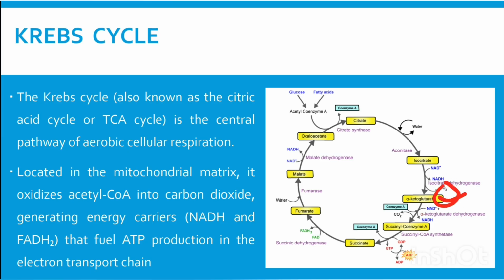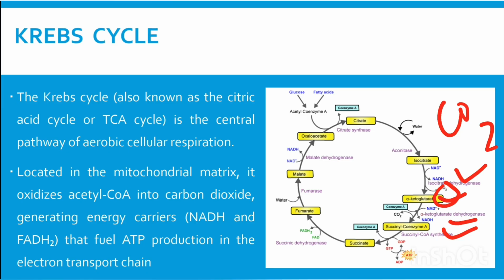One molecule of carbon dioxide is removed, forming a 5-carbon molecule, alpha ketoglutaric acid, and one NADH is also formed. Next, from alpha ketoglutaric acid, succinyl coenzyme A is formed by removing 1 carbon dioxide again, and in this step 1 NADH is also formed.